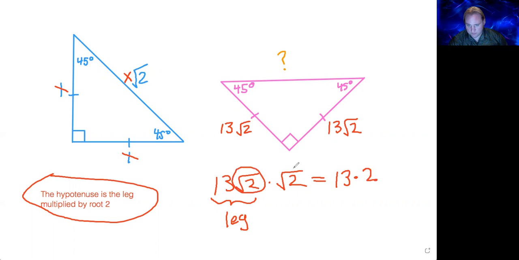The root times that same root gives you just that number. So then this hypotenuse will be 26, and it doesn't contain any radical. So that could happen. That's for our 45, 45, 90 triangle.